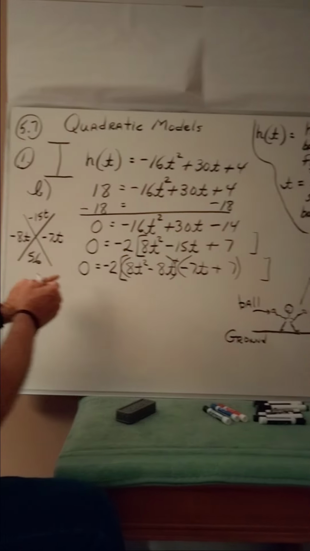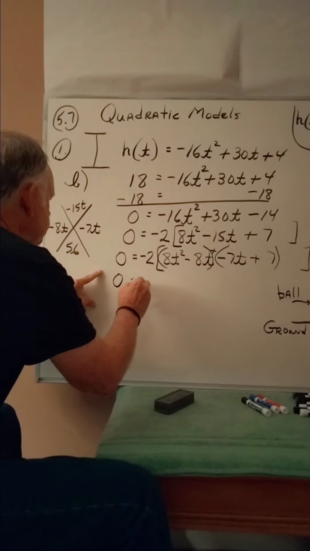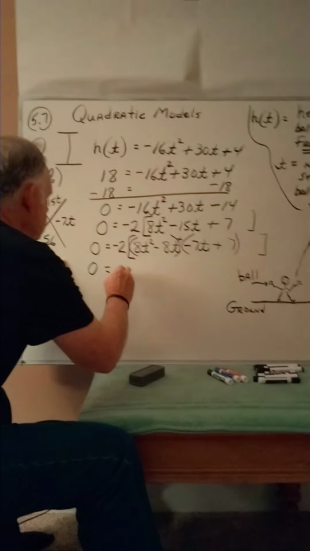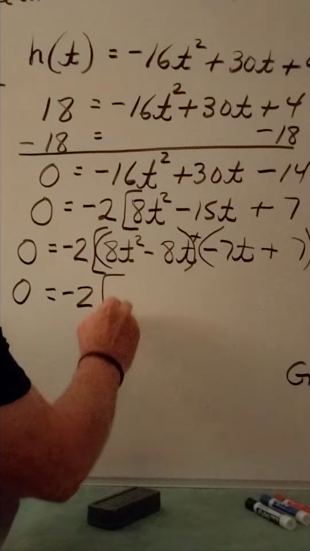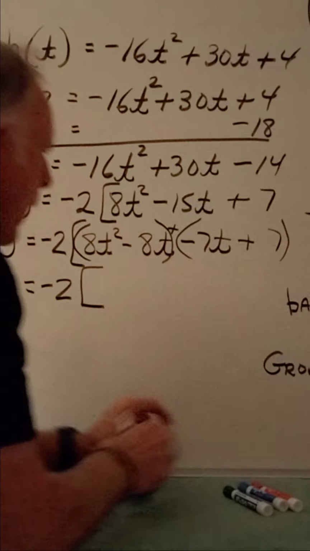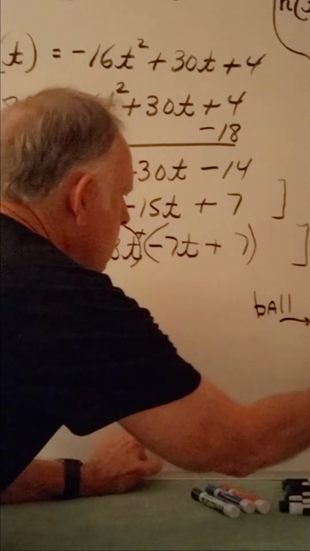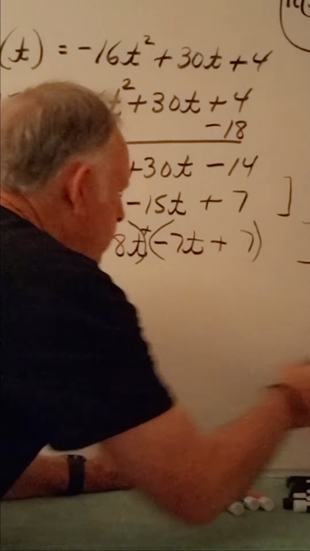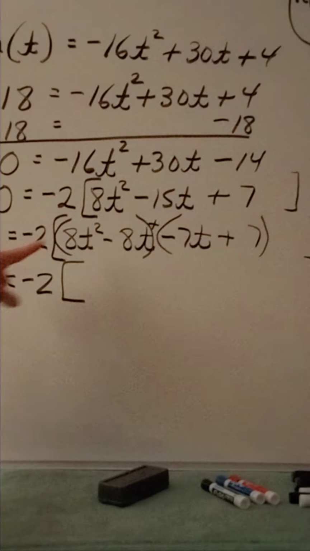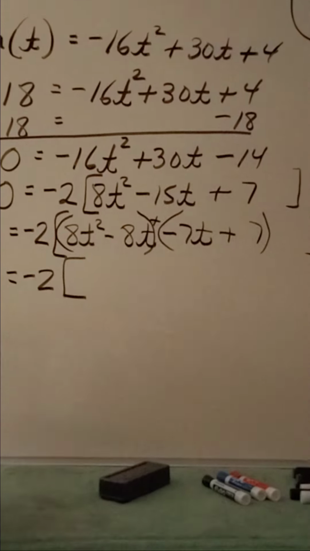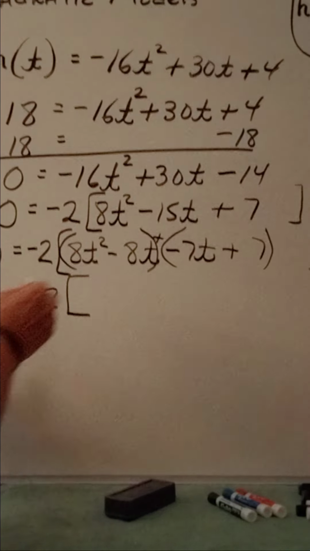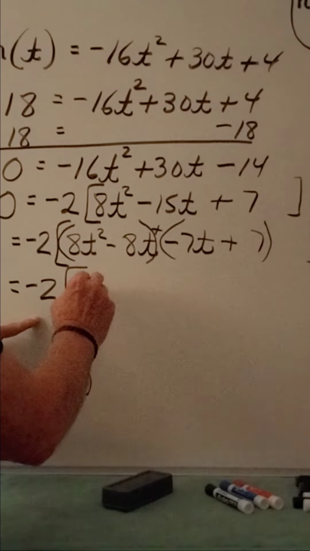Let's come down. 0 is equal to negative 2. Once again, make the bracket. I don't want to erase all of that right there, but in that first grouping, let's take out the GCF of 8t.